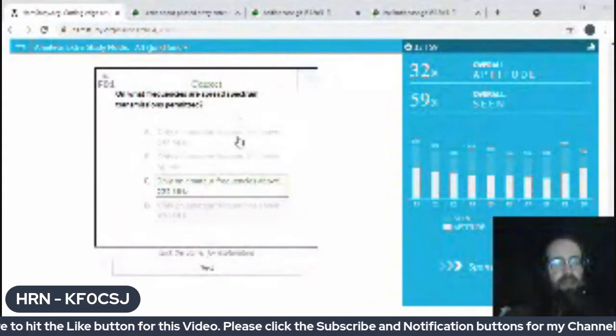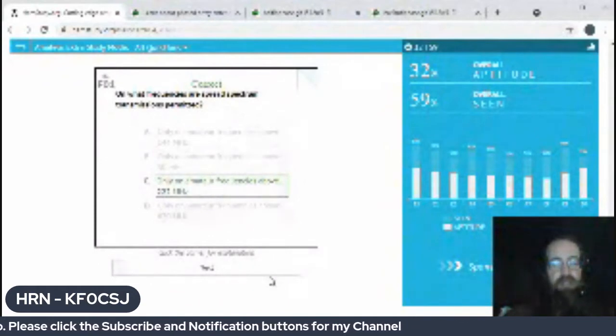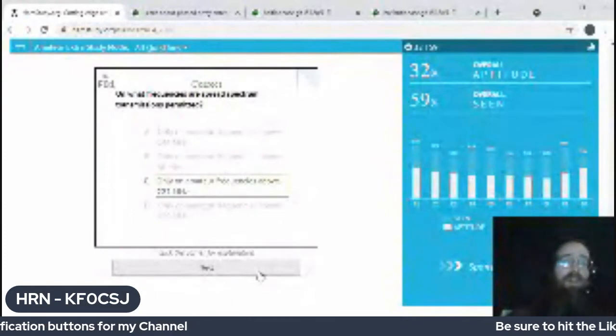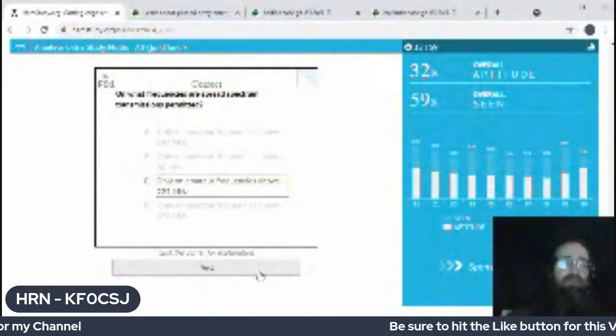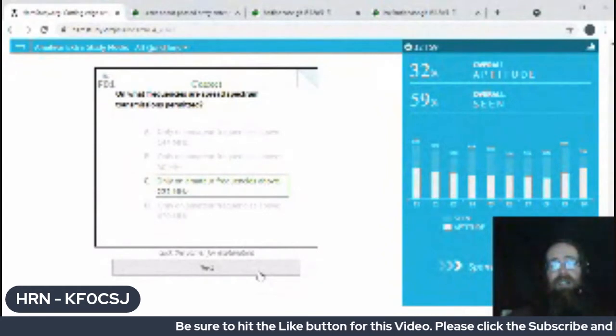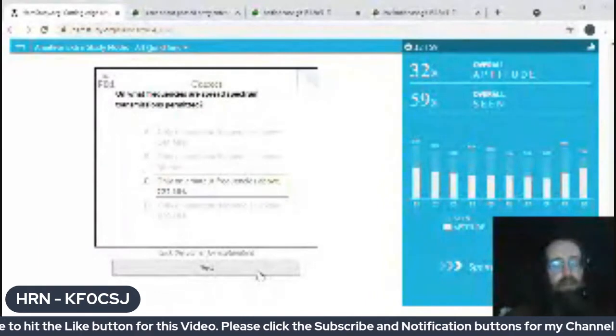And I picked A last time, and so I remember getting it wrong, and it is 220. So I believe that would be the 125 meter band and up.